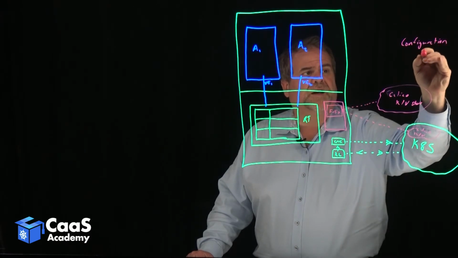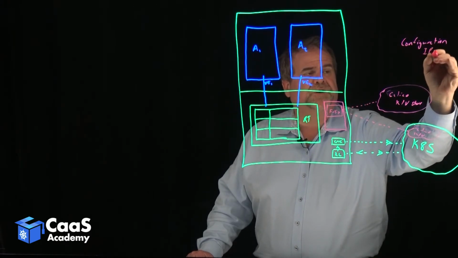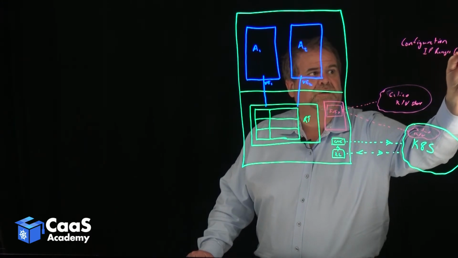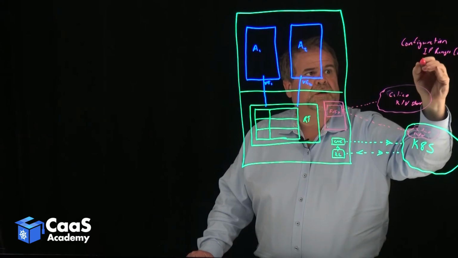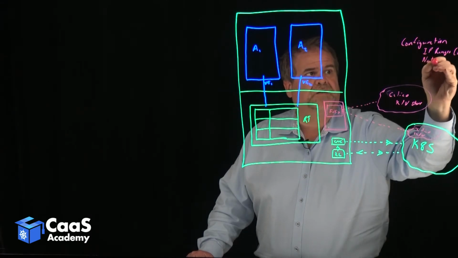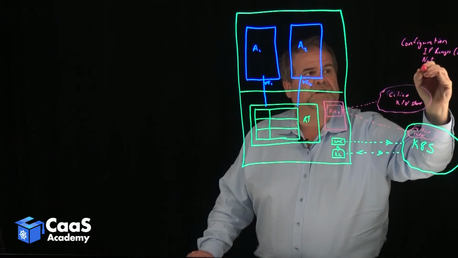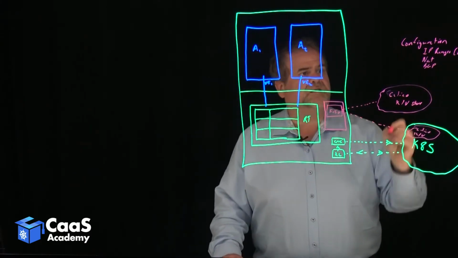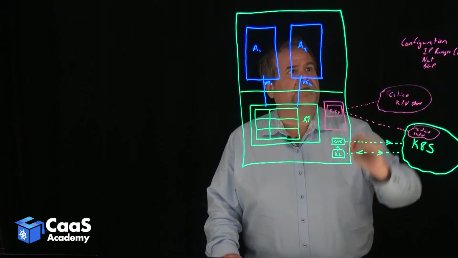And this is things like IP address ranges to use. We call those pools. NAT settings, BGP, which we'll talk about in a little bit, settings, etc. So configuration is one thing that's stored.